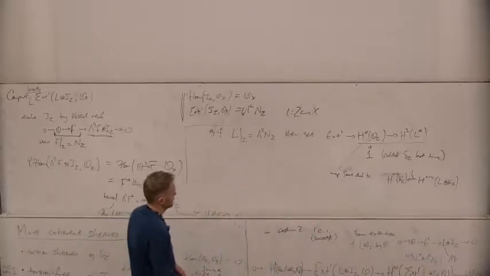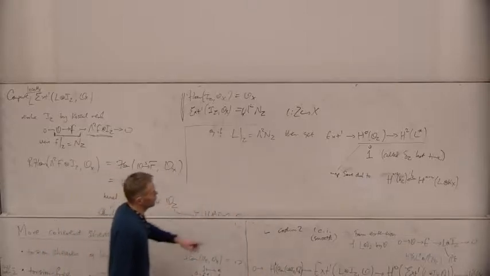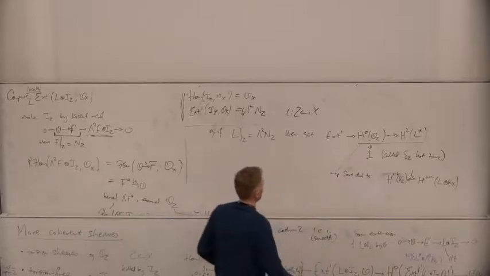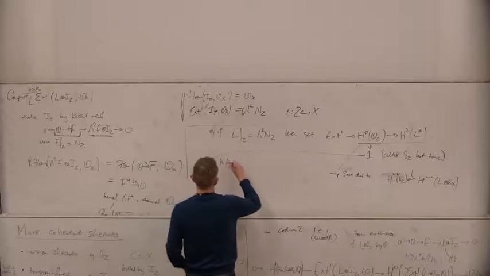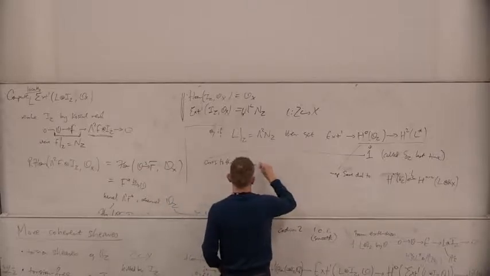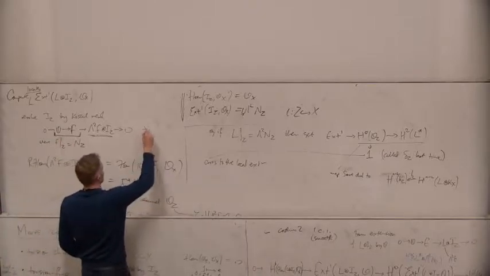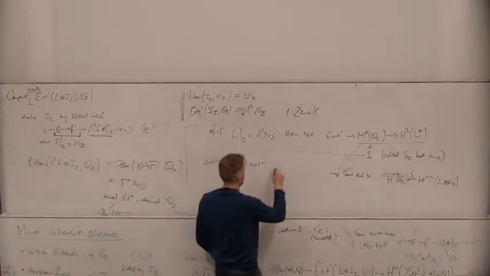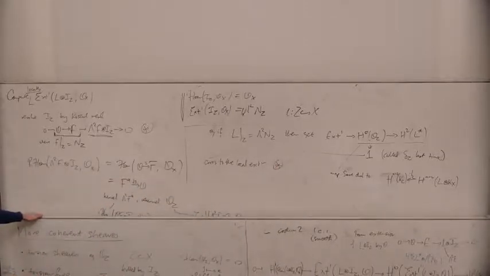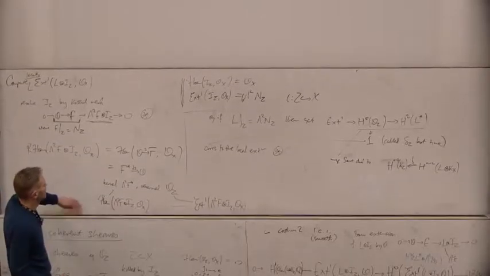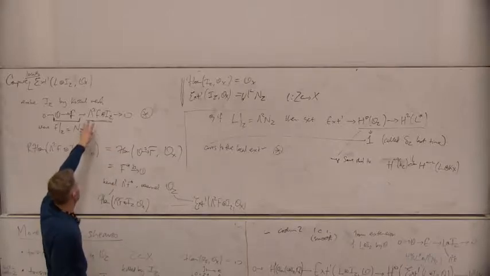Okay. So now, what does this 1 correspond to? This corresponds to the local extension. Well, we just computed it here. It's this one, maybe up to twisting by this wedge 2.